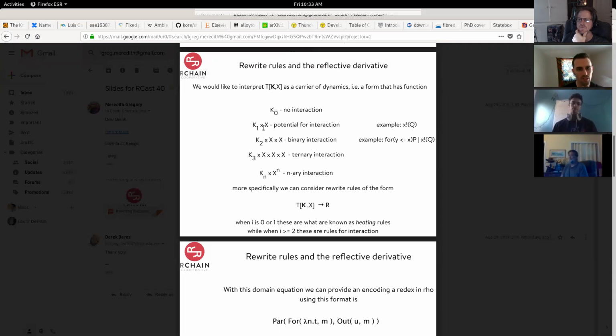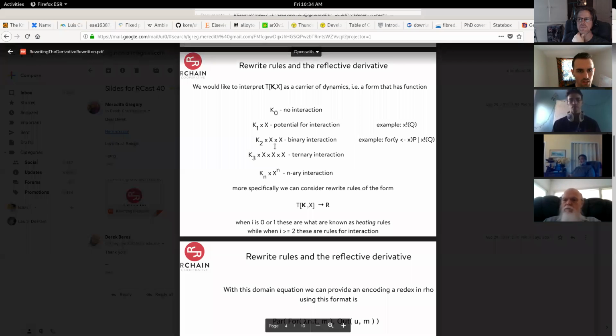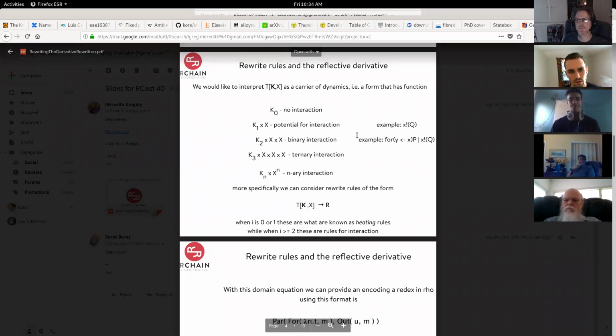I mean, it's something that only involves one process, but I'm not sure if that's what's meant by this K1 cross X. And it looks like in this binary interaction, we have some K2 and two X's, and we're using two processes here. I'm not sure if those X's are just for processes or what. They very well may be.